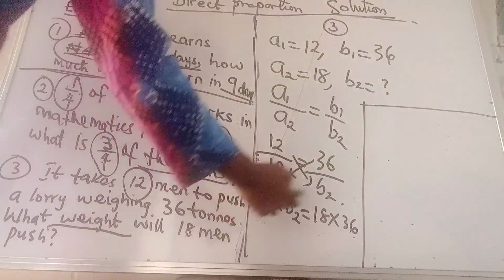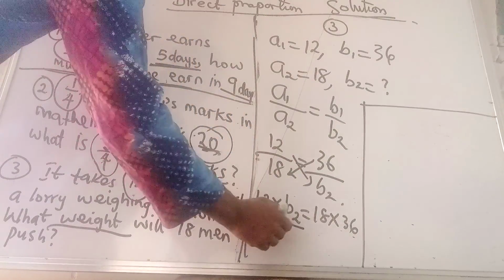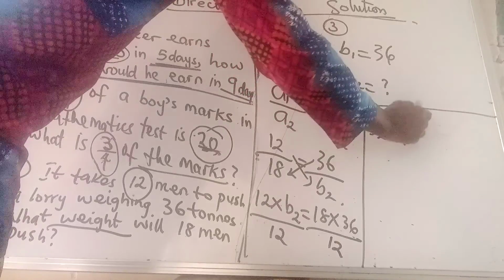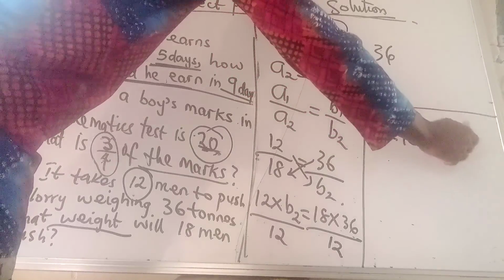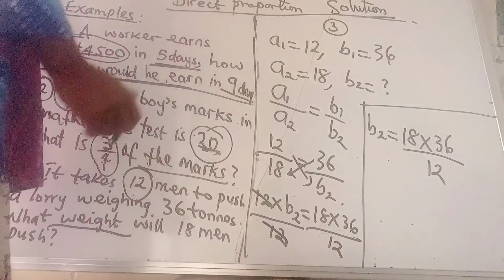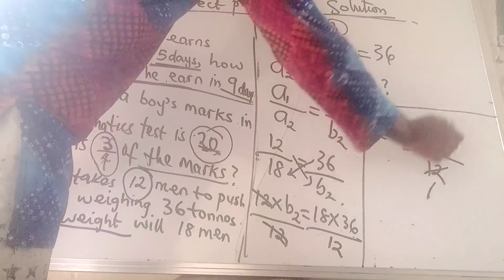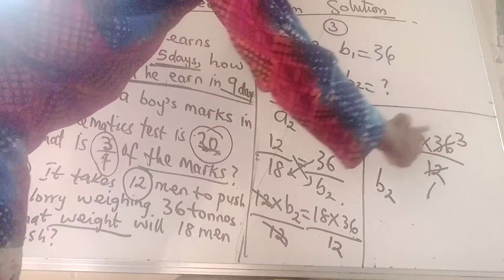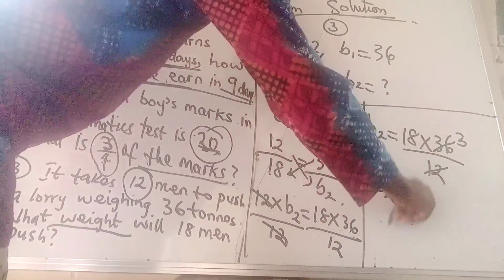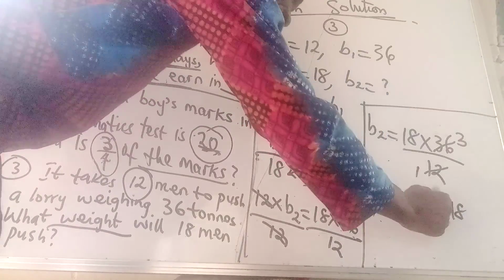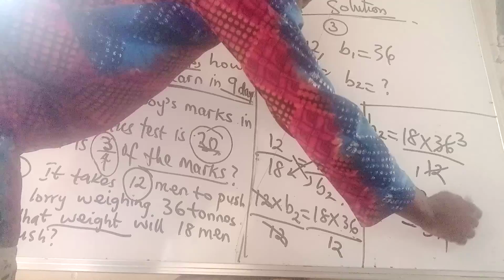What will now be B2? You divide both sides by 12. So B2 will be 18 times 36 over 12, because this 12 will cancel this 12. 12 into 12 is 1, 12 into 36 is 3. What is B2? 3 times 18. And what is 3 times 18? That is 54 tons.